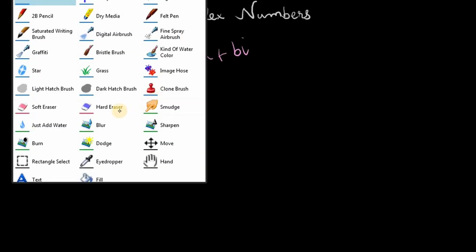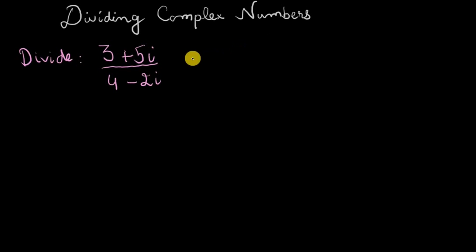To think about this, we need to multiply this complex number with another complex number, which is the complex conjugate of the denominator. We'll see why in a second. So we'll multiply it with 4 plus 2i, and then we're also going to divide it by 4 plus 2i.